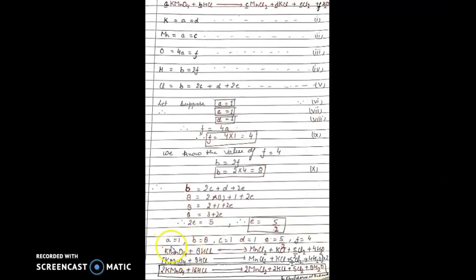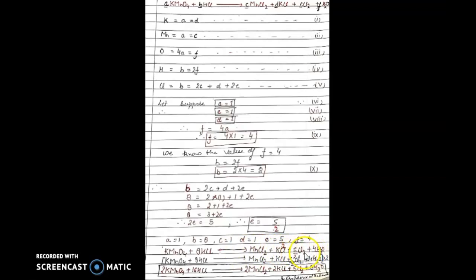Here the value of A is 1, so we put 1 in place of A. The value of B is 8, so we put 8 in place of B. Similarly, we put 1 in place of C, 1 in place of D, 5 upon 2 in place of E, and 4 in place of F. By doing so, our reaction becomes KMnO4 plus 8HCl, which forms MnCl2 plus KCl plus 5 upon 2 Cl2 plus 4H2O.